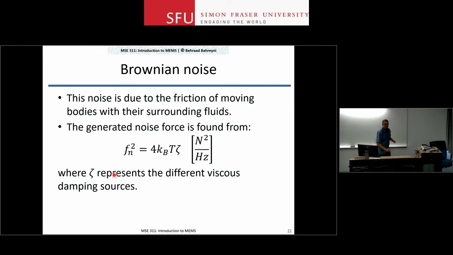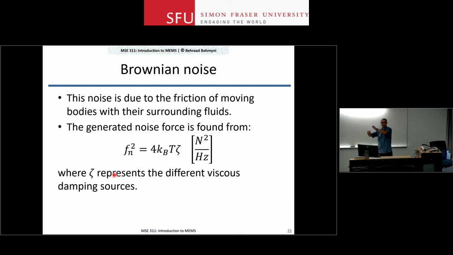And you notice that this is very, very similar to what we had for the resistors. Why is that? Well, in case of Johnson noise, the thermal noise that you had was because of the random movements of electrons in a piece of conductive material, and it produced a random field across it. In case of mechanical systems, it's those air molecules that are impinging on your substrate, for example.